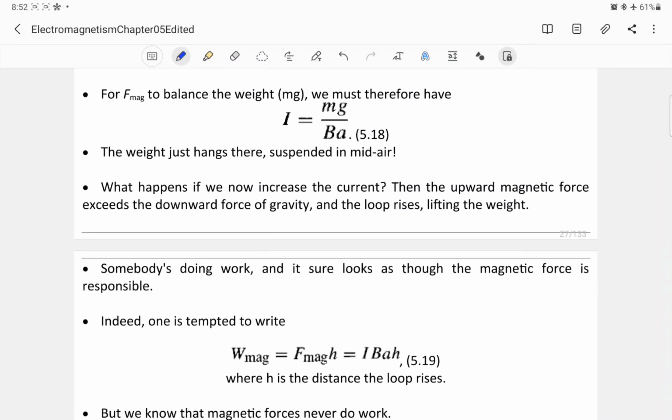So to balance the weight, which is equal to mg, we must therefore equate IBA to mg and get the current here.